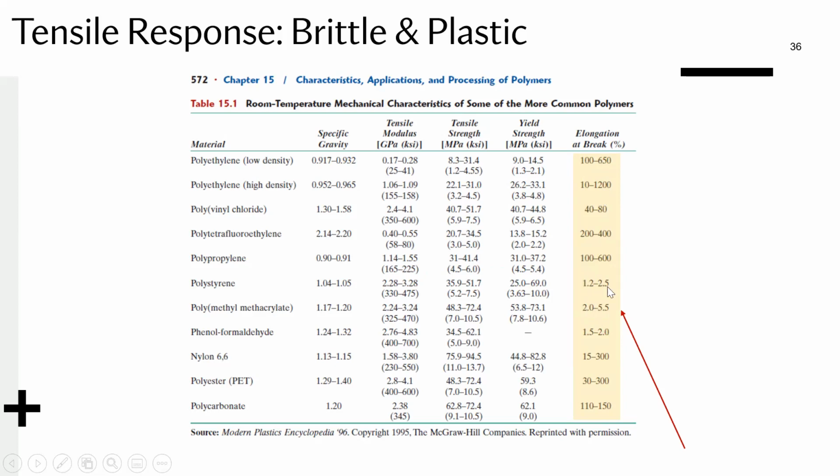Some of them have a very small amount of elongation, just 1%, 2%. Another indication you can use, if they give you the properties and don't tell you whether these are thermoplastics, whether they are plastics, whether they are brittle, is their tensile modulus.